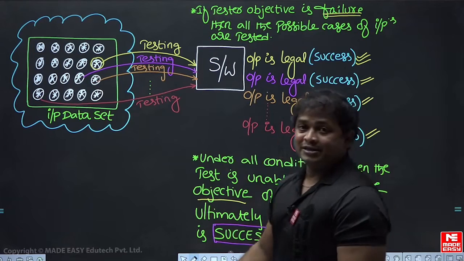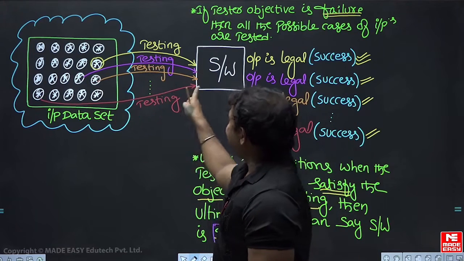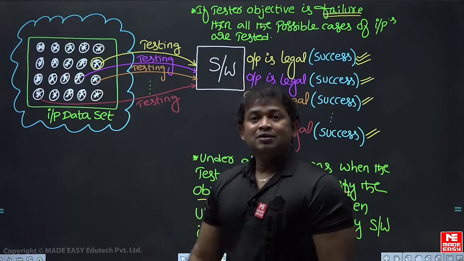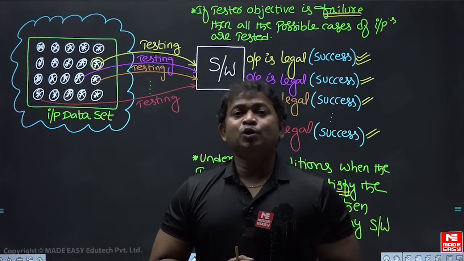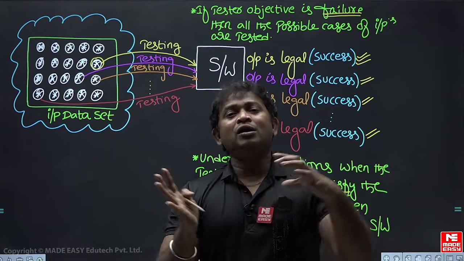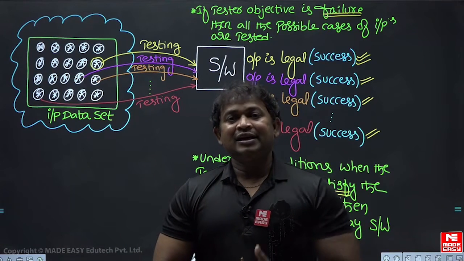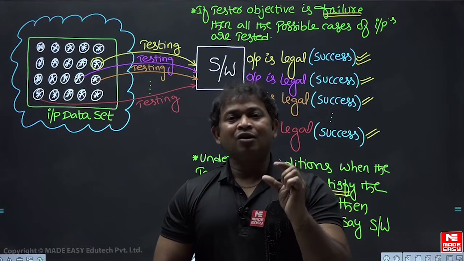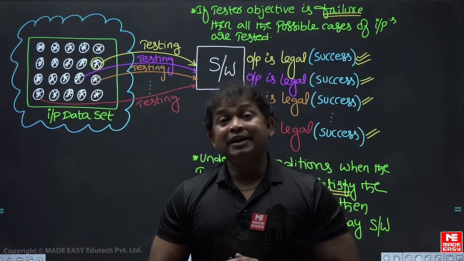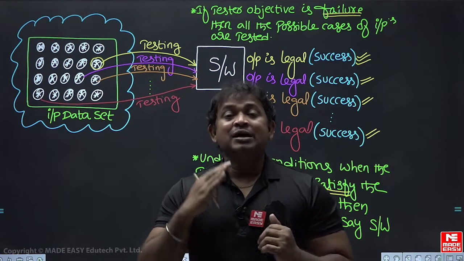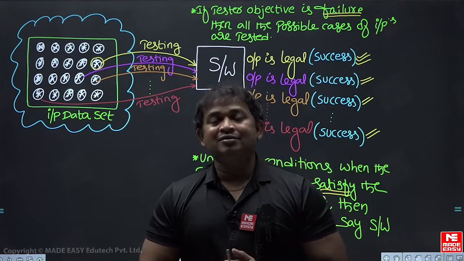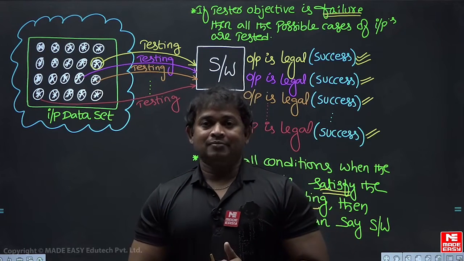In black box testing, when we test the system with inputs, suppose we have a large set of inputs. We cannot test the system with all inputs. Each individual input is not going to be tested. Therefore, to conduct the testing efficiently, some strategies are present in black box testing.